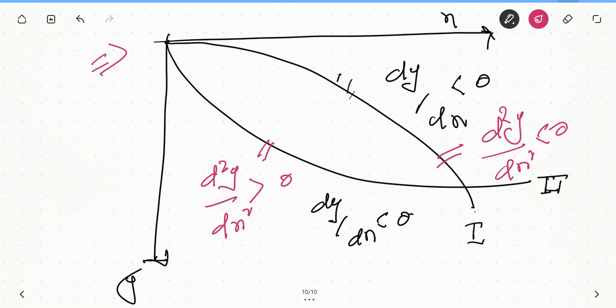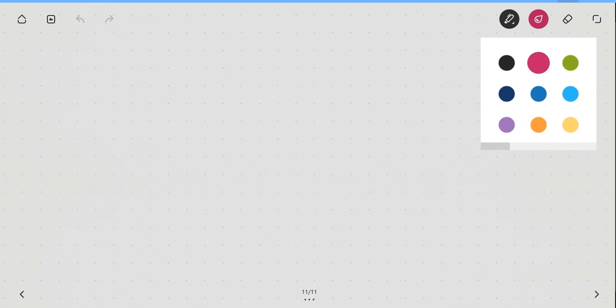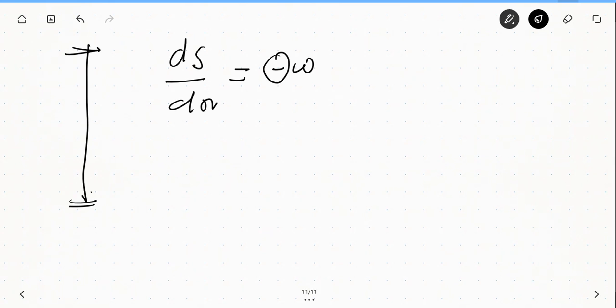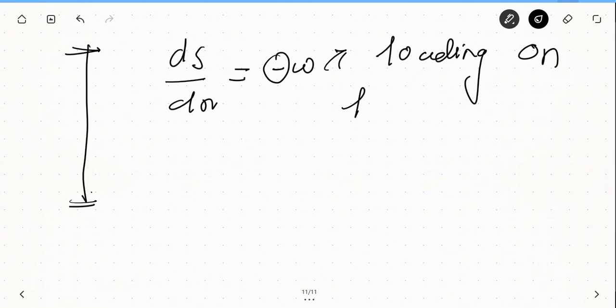So how do we apply this concept? For this we have two equations, which I derived in the initial videos. The first equation says the slope of the shear force diagram must be minus W. The negative term signifies that the loading on the member is acting in a downward direction.